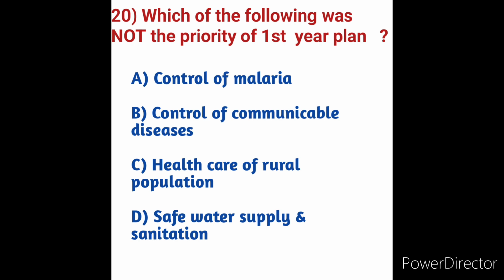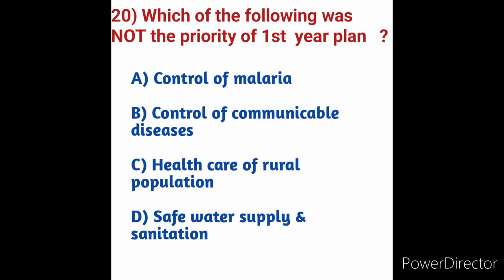The first five year plan in India was from 1951 to 1956. The plan focused on the Harrod-Domar model: rapid industrialization, growth with stability, power and transport, agriculture, price stability, a self-generating economy, healthcare of the population, and safe water supply. The aim of the first five year plan was agriculture development, mainly the primary sector.